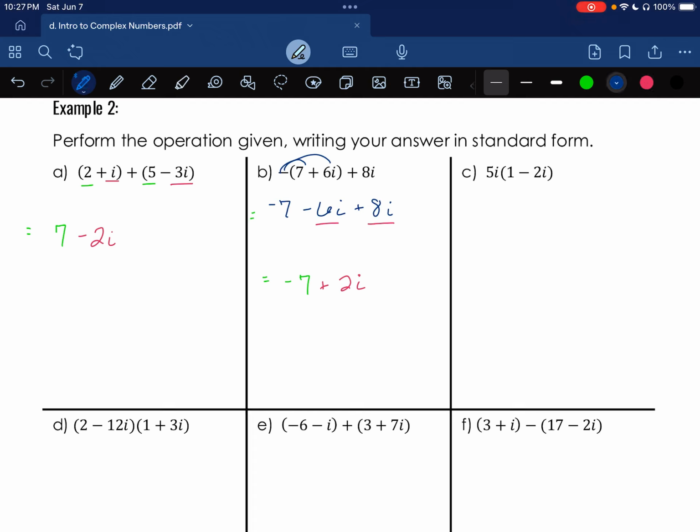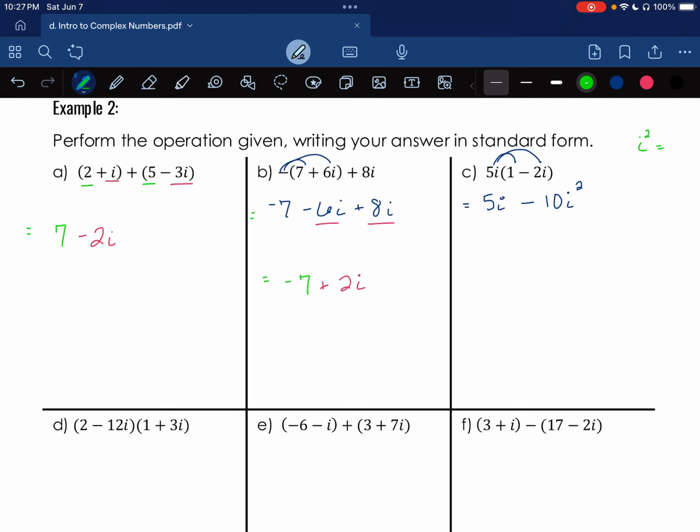All right, we're going to get into some multiplication here. So I'm going to take 5i, I'm going to distribute to both terms there. So 5i times 1 will just be 5i. And then 5i times negative 2i is going to become negative 10i squared. But remember, we know something fancy about i squared.